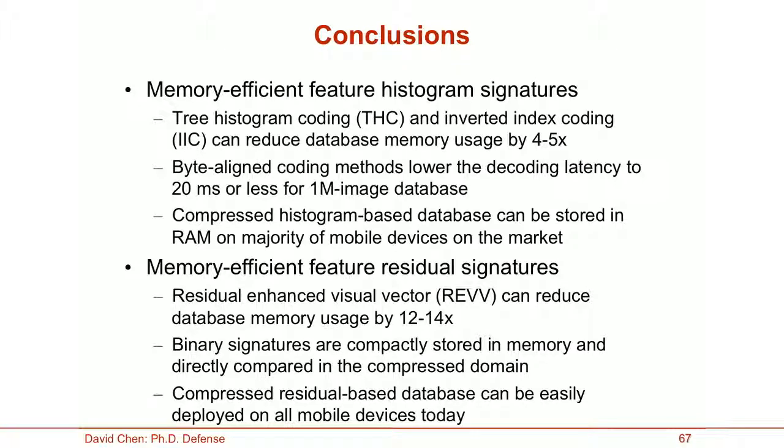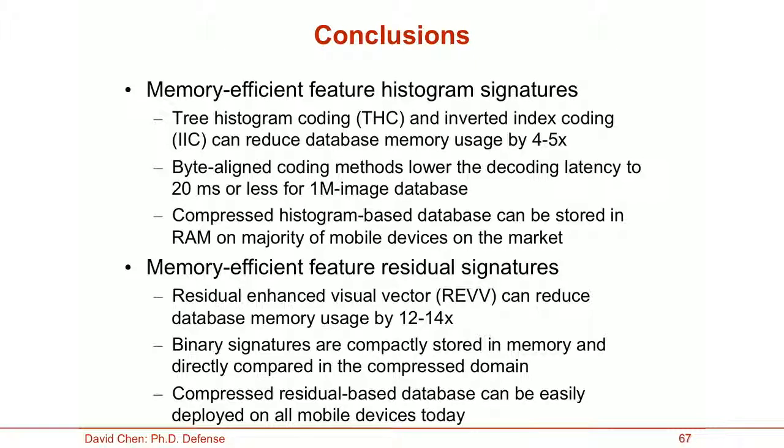In conclusion, my thesis has studied how to build memory-efficient image databases to empower low-latency, robust mobile visual search systems. First, I studied how to create memory-efficient feature histograms. I developed 2 methods called tree histogram coding and inverted index coding, which can reduce the database memory usage by 4 to 5 times.